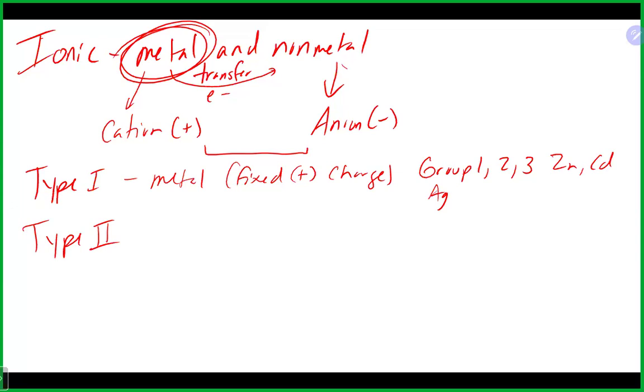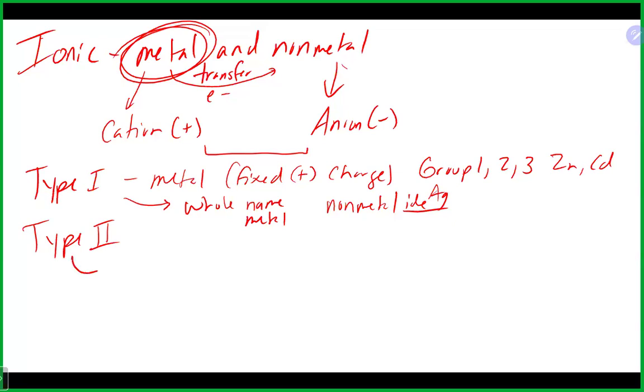We just use the whole name of the metal. And like most naming, our non-metal will lose the last part of the name and take the -ide treatment at the end. Again, that's really all you have to do with a type 1.